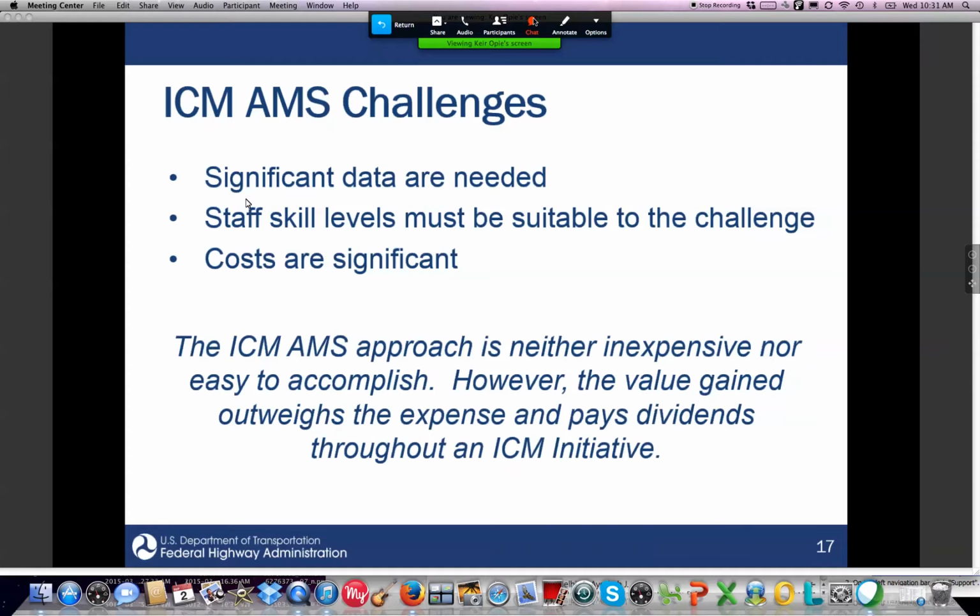The advantage is that it really does pay benefits to look at how the system is going to react under different potential strategies, to help you fine-tune those strategies of what you might want to deploy in the field and how those different benefits may be received.